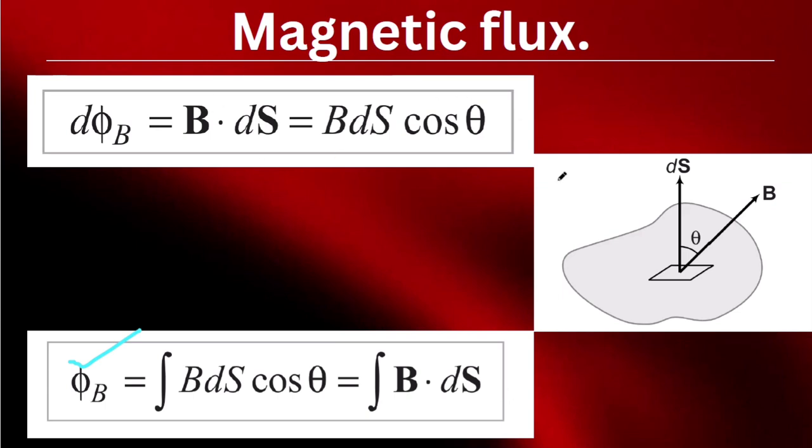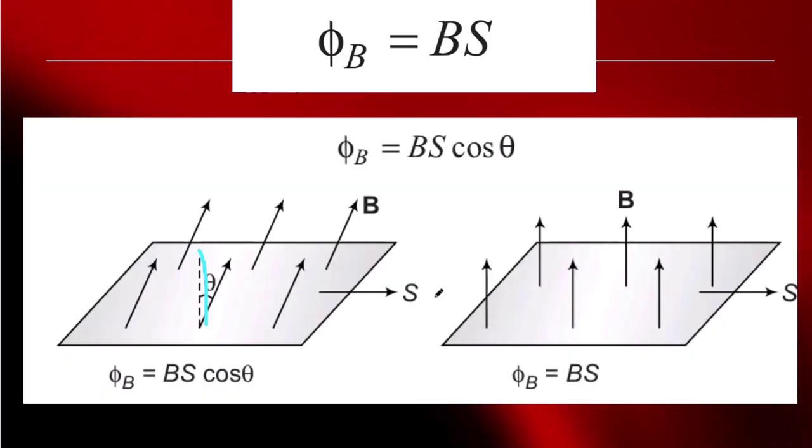Now to get the total flux enclosed by this surface, we will integrate b ds cos theta and we find the integral of b dot ds. This is the formula to find total magnetic flux enclosed by the surface. And we get phi b equals b s simply.